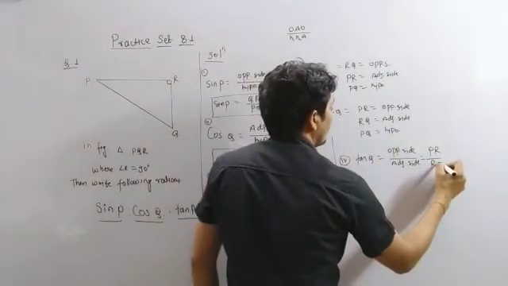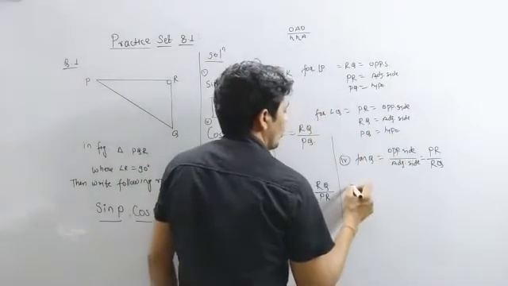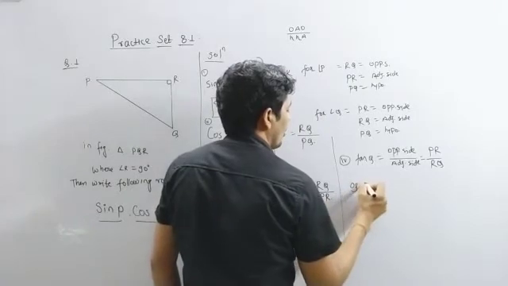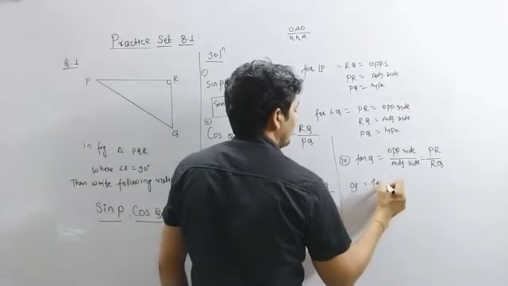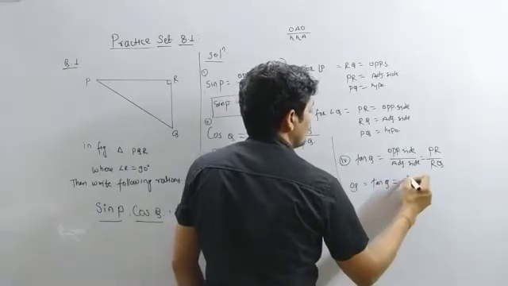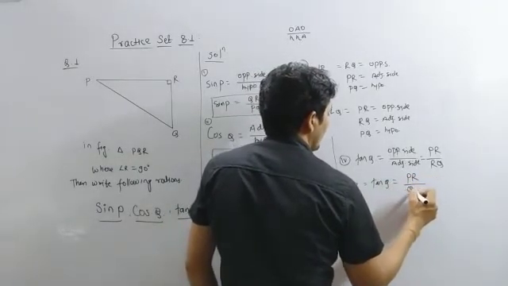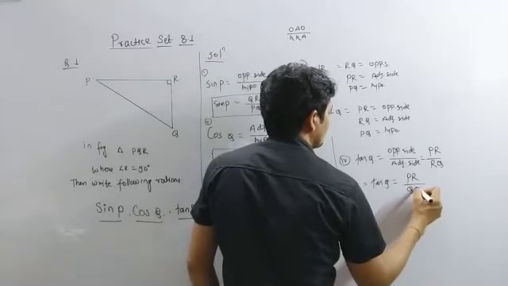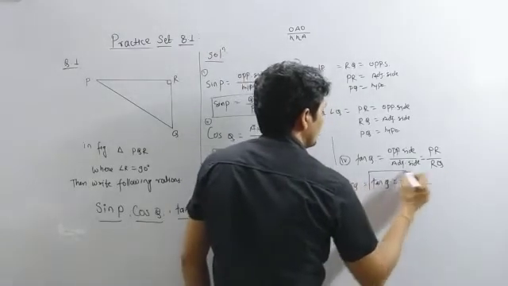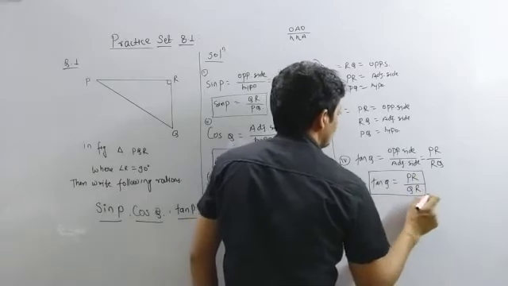So we can write tan Q equals PR divided by QR or RQ. So this is the answer.